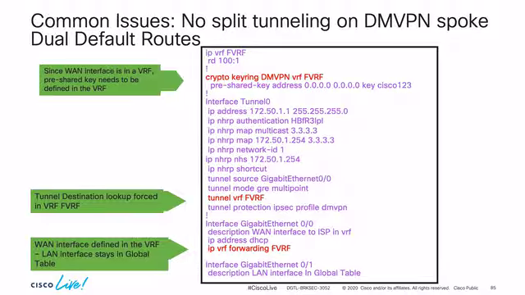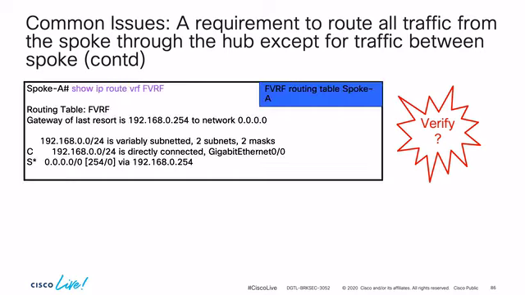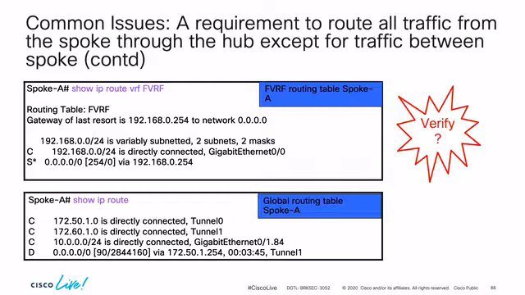Once you have this configuration in place, how best can you go about verifying it? On your spoke, which has the VRF configuration, if you take a look at show ip route vrf and put in the name of your VRF, you would see a default route. In this particular case, the default route is pointing to the NBMA address rather than the tunnel IP address.